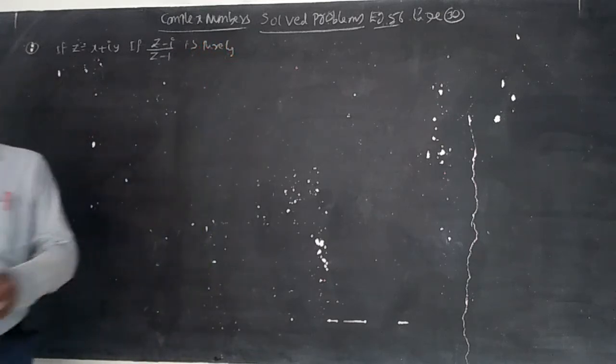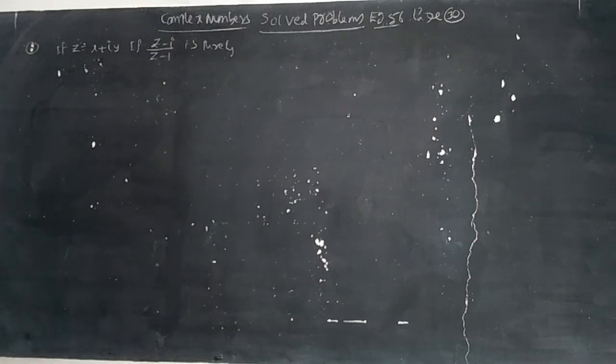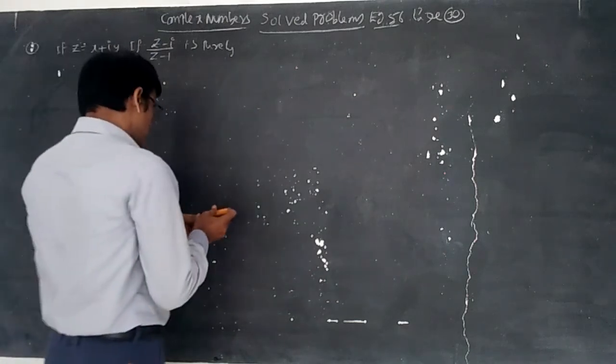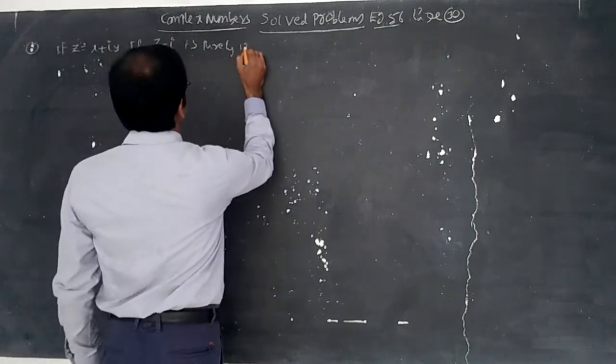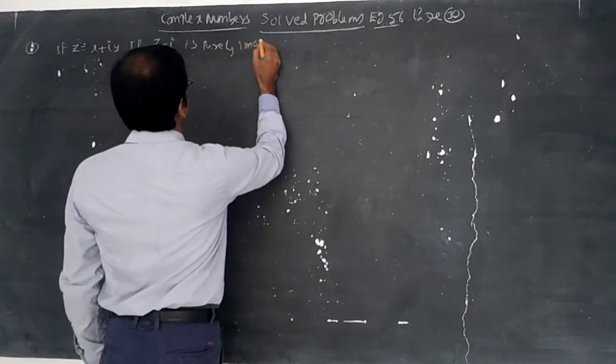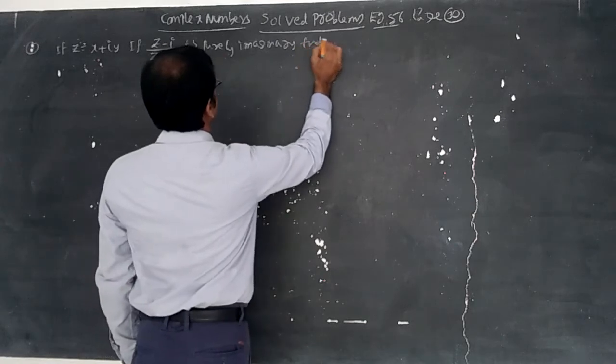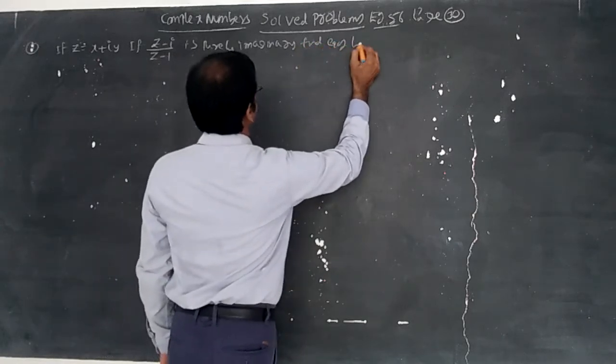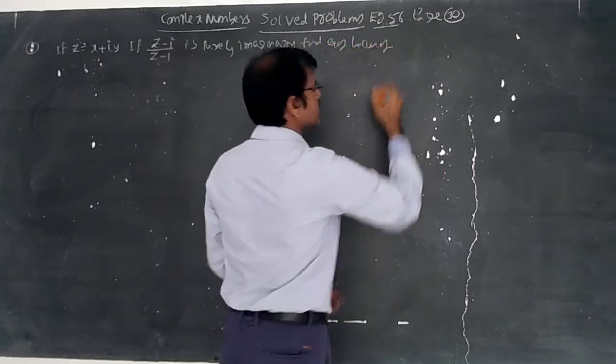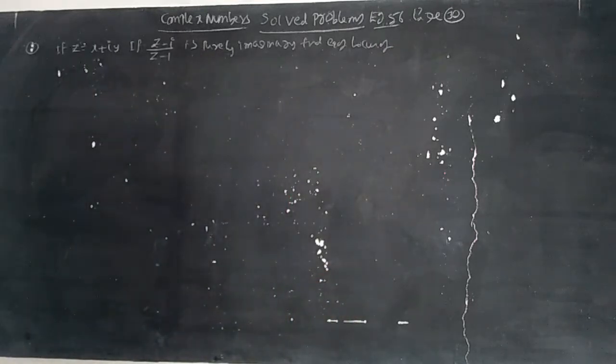These models are 4 marks important questions. Purely imaginary, find the equation of locus of P or locus of z.